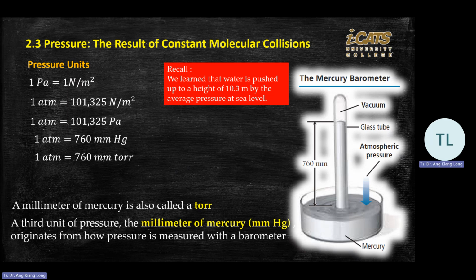Okay, so just now, a few minutes ago, we learned that at atmospheric pressure or at vacuum, we use a vacuum, a similar setting to this mercury that we see on the screen here. In the tube also use vacuum, but exposed to atmospheric pressure. If the content inside the tube is water, it will go up 10.3 meter.